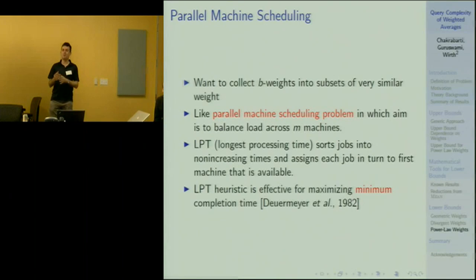We talked about what might be good, and it turns out if you look at the last line of this, the thing that inspired us was the problem of maximizing the minimum completion time. So you've got a problem with jobs and m machines, and you assign these jobs to these machines, and you want the machines to all finish at around the same time. So you want to maximize the one who finishes first, in some sense.